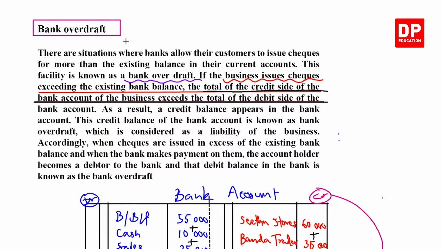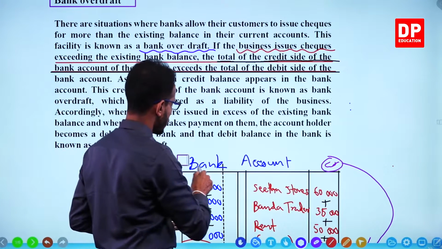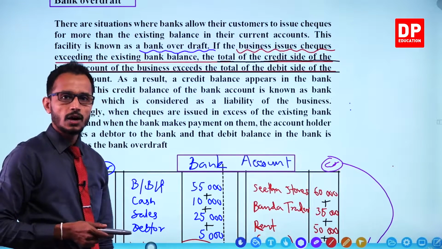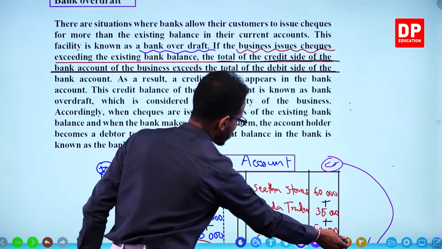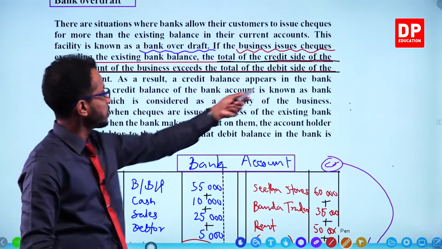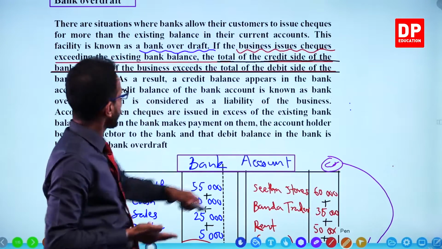We are talking about how bank overdrafts appear in the business bank account. To end the paragraph, a credit balance appears in the bank account.